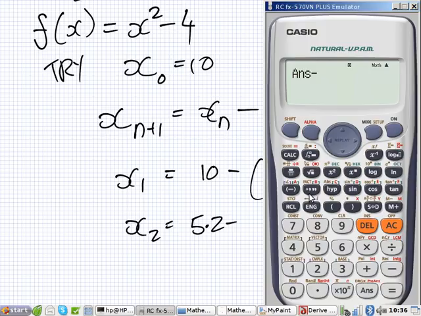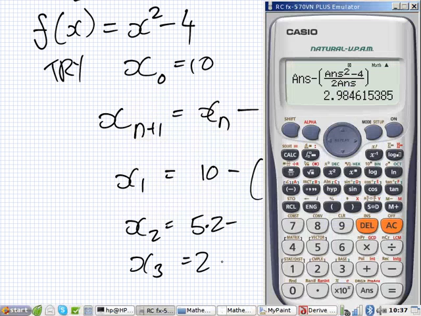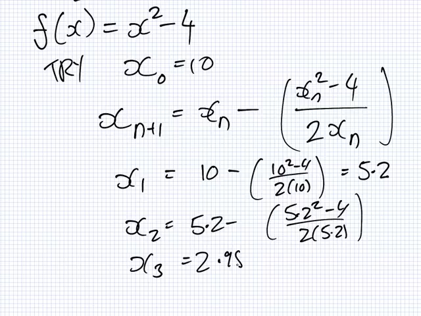Let's see what we get this time. 5.2 minus 5.2 squared minus 4 over twice 5.2. Yes? So now we get 2.98. That's x3. 2.9846, etc. Getting closer. What was the answer?